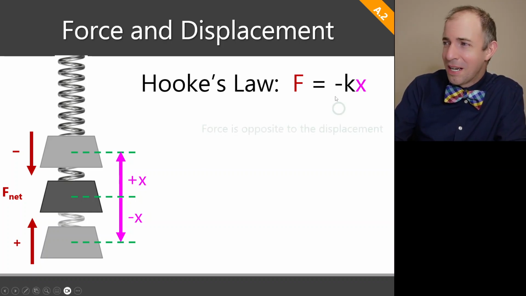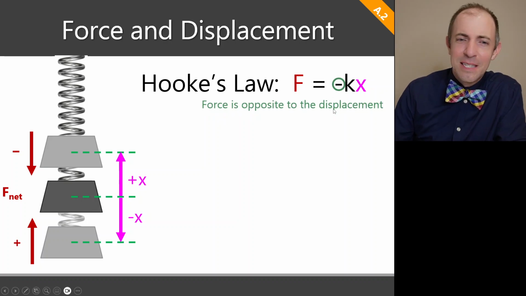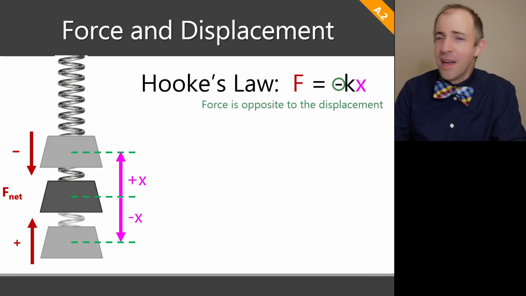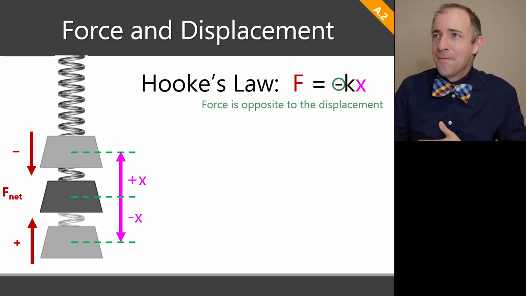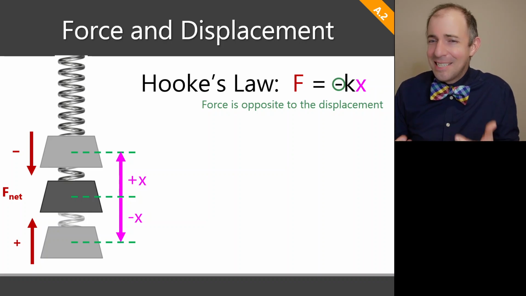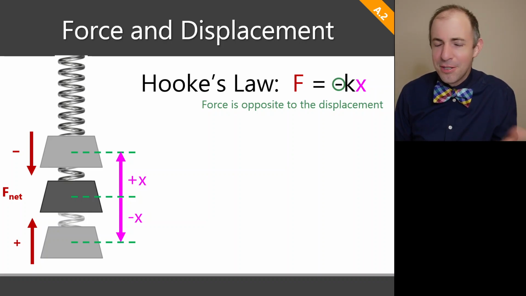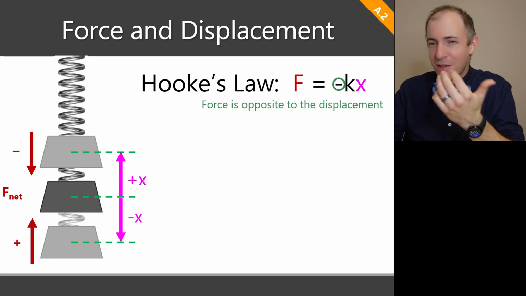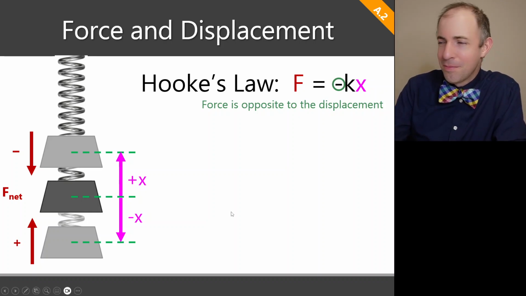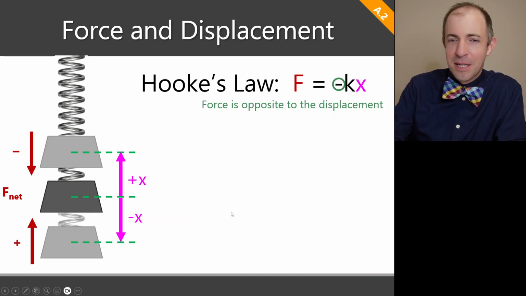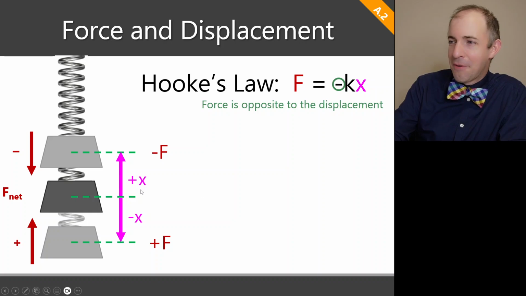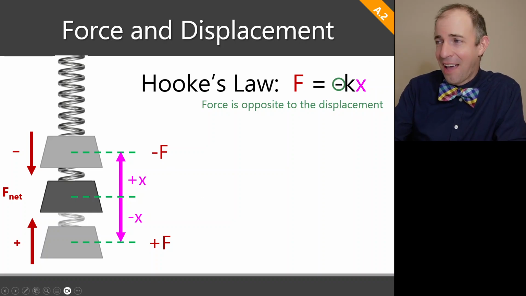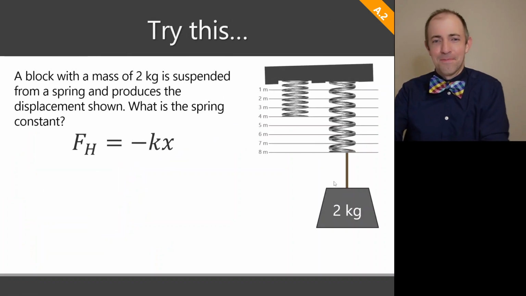Hooke's law has this weird little negative here. It just means that the force is opposite the displacement. Honestly, most of the time, the number that we need is the magnitude, not the direction. You know that the direction is towards the equilibrium, or usually the opposite of your displacement. So every positive x will result in a negative F. That's what that negative is doing.